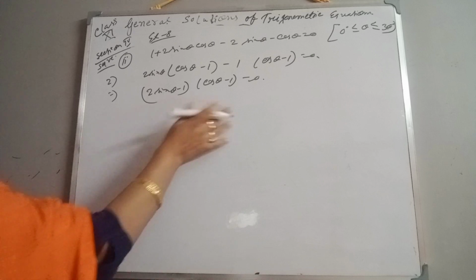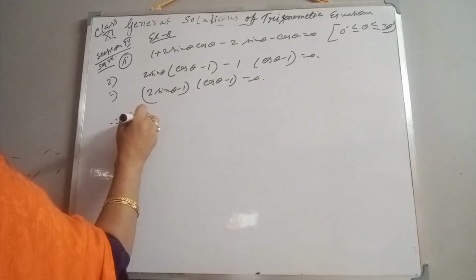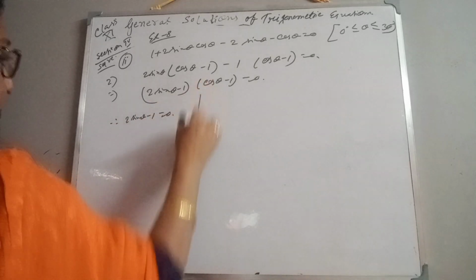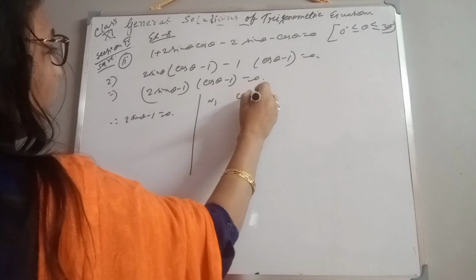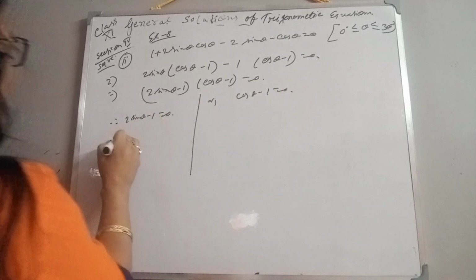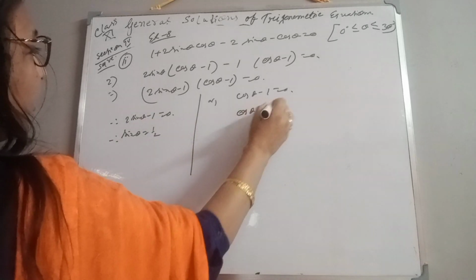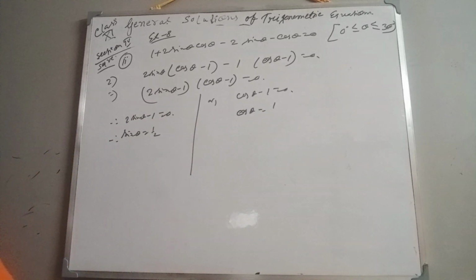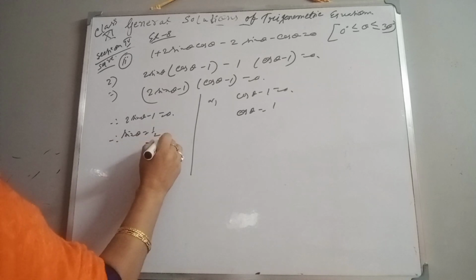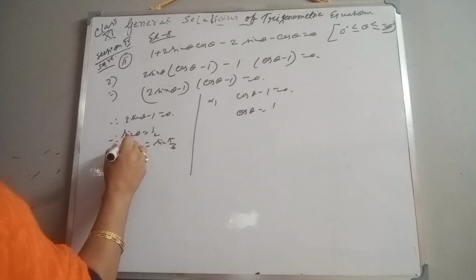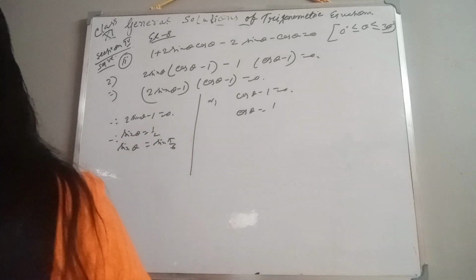Now the product of these two equals 0, so we can write 2 sin theta minus 1 equal to 0, or cos theta minus 1 equal to 0. From here we can write sin theta is equal to half, and from here cos theta equals 1. Now sin theta is equal to half means sin pi by 6.